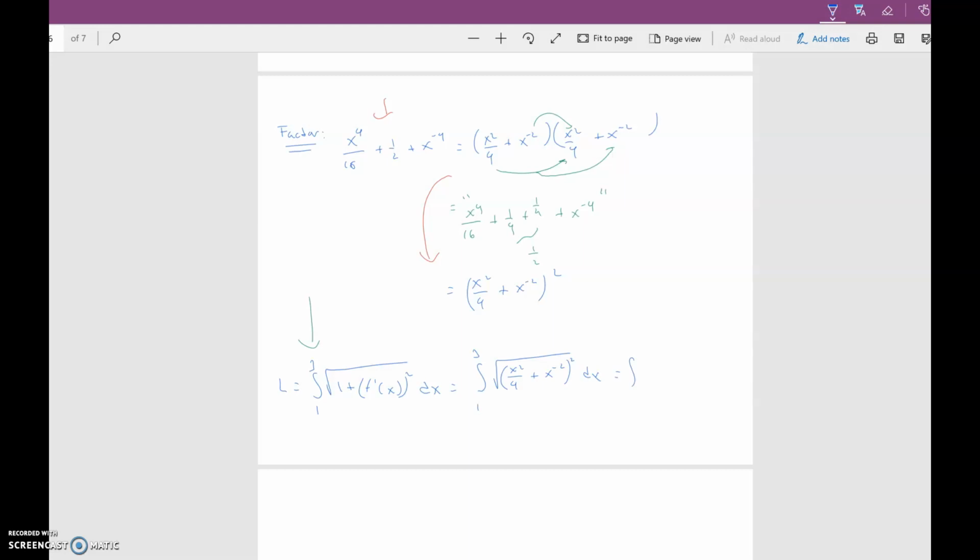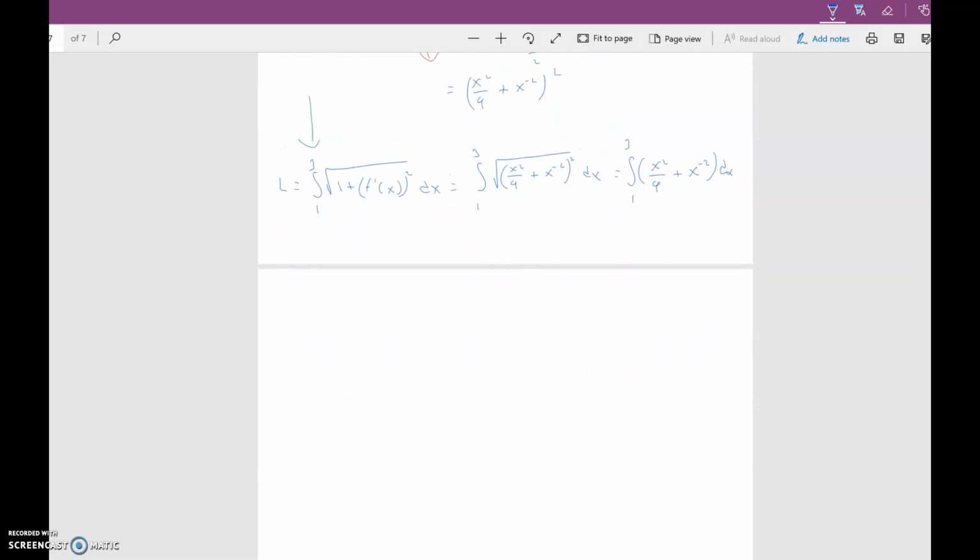We're just looking at the integral from 1 to 3 of x squared over 4 plus x to the negative 2 dx. And from here, let me evaluate the integral. So the square root and the square cancel.